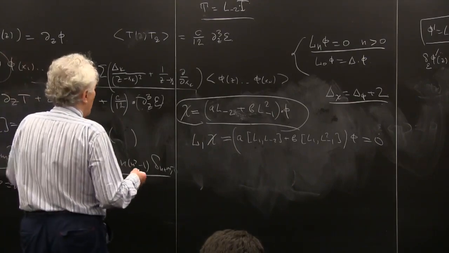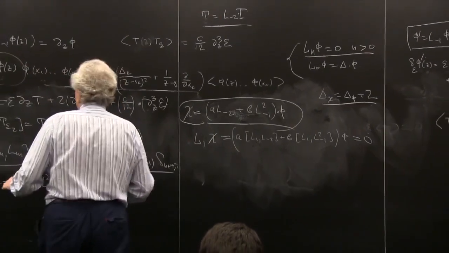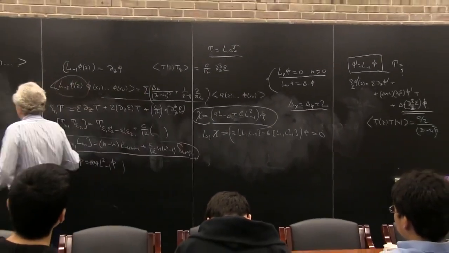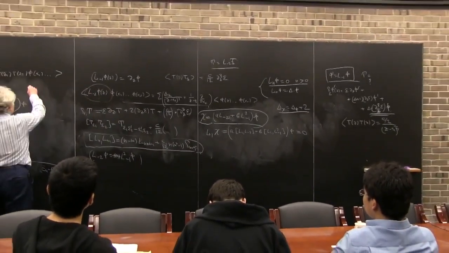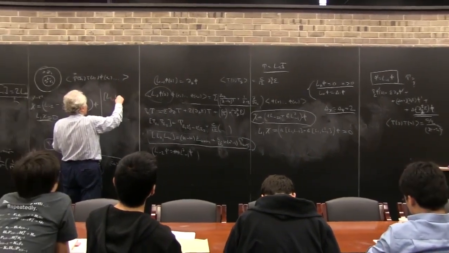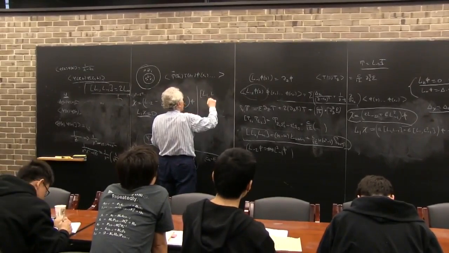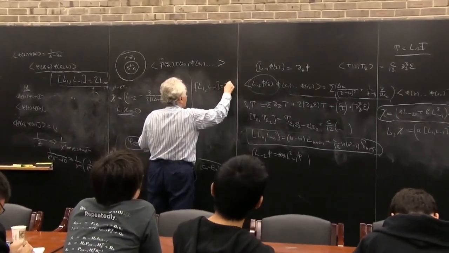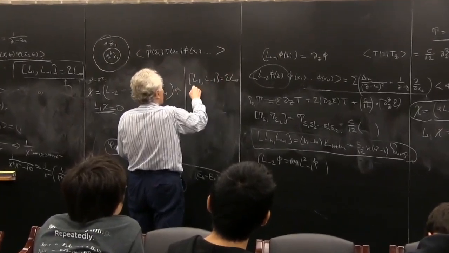And now we have this Virasoro algebra. It contains a subalgebra of three generators.